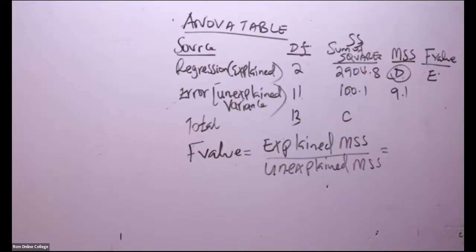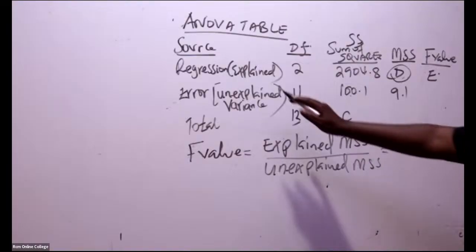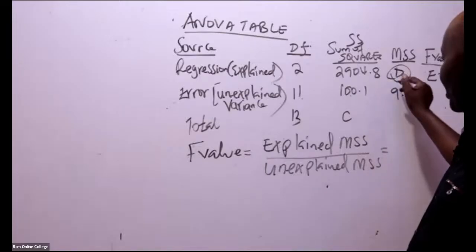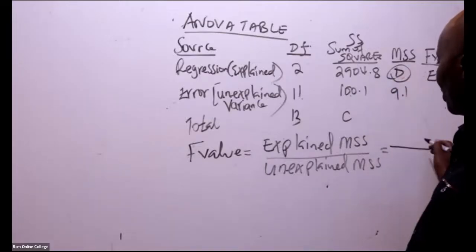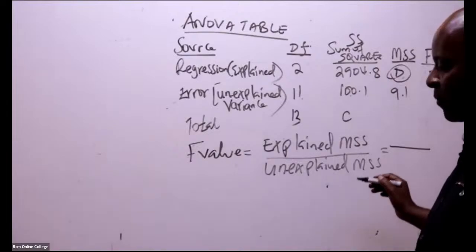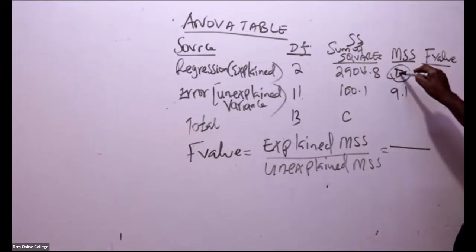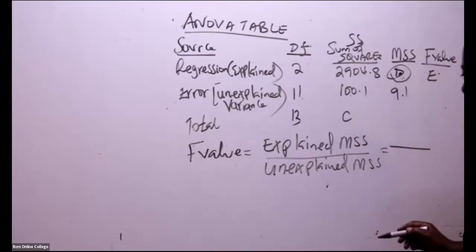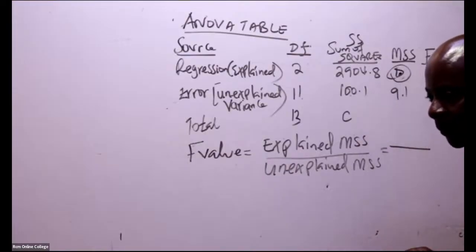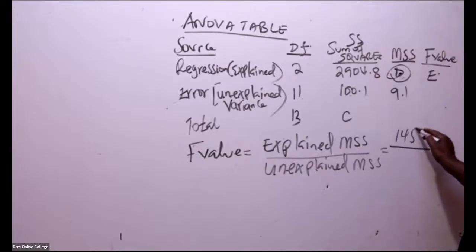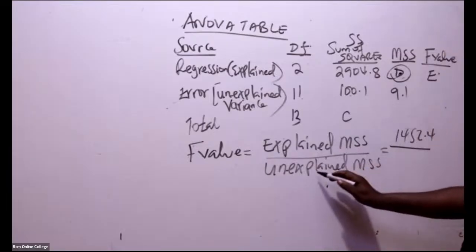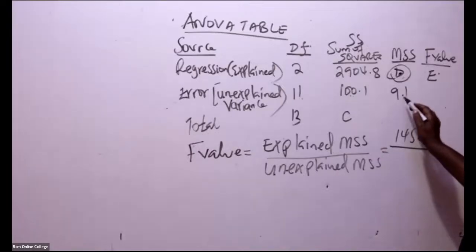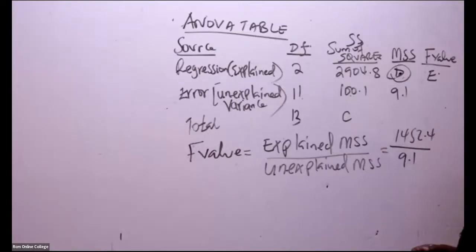So anytime they want us to give them this F ratio or F value, we shall take this regression mean sum of squares, the one that you guys got here, the D. So D equals what? 1452.4 divided by the unexplained mean sum of squares, 9.1, will give us the F ratio.